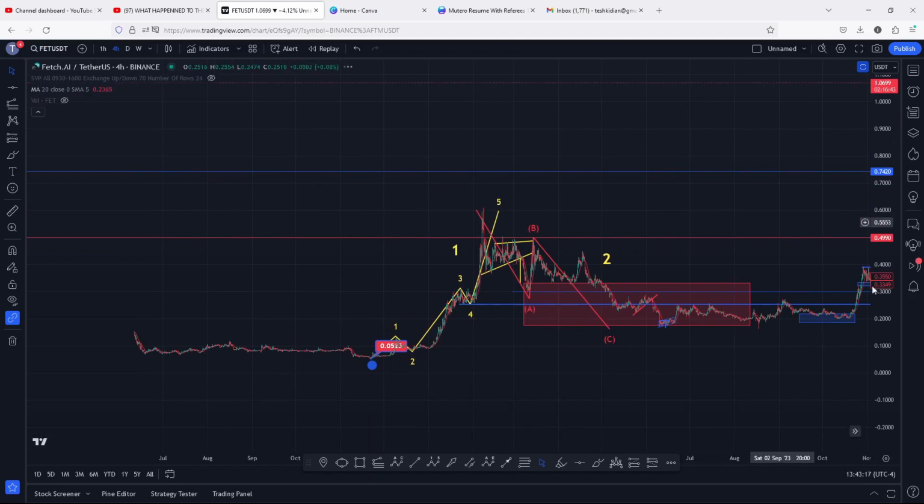Zooming in on the 4-hour chart to first give you a recap of what has been happening, you can see that back in 2022 we saw this significant low below the 0.0525, and after getting that significant low we saw an aggressive move to the upside in a 5-wave structure, giving us a high above the 0.6154, completing the formation of this larger Elliott wave count 1.